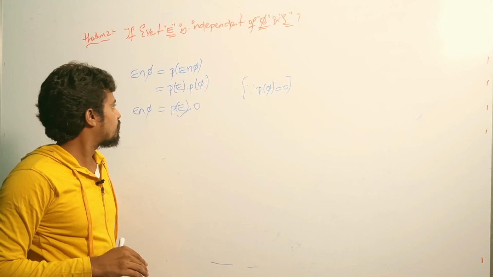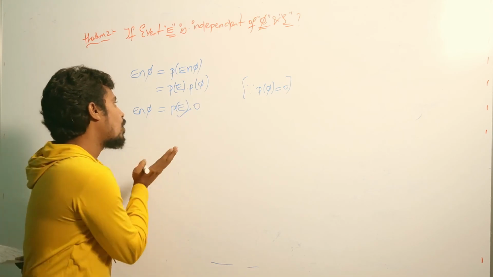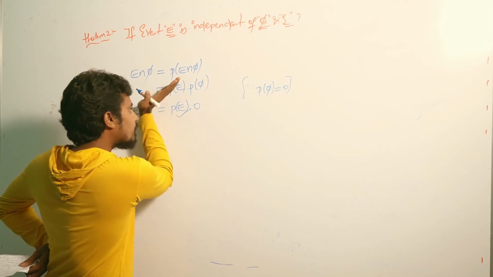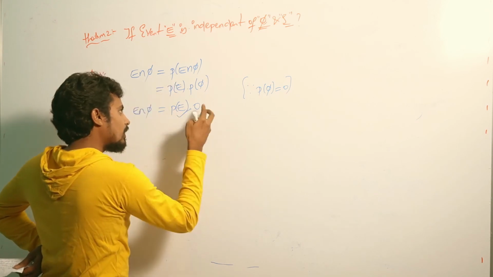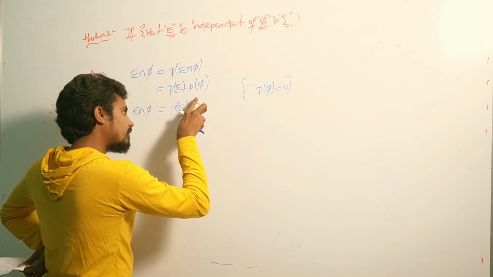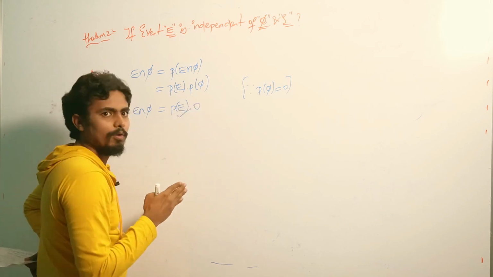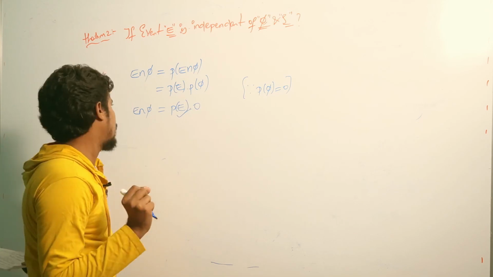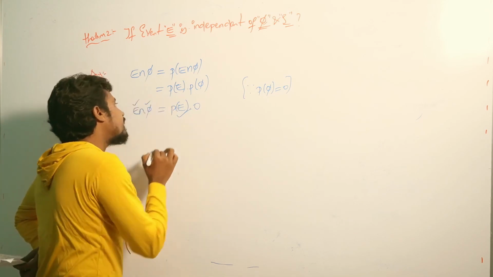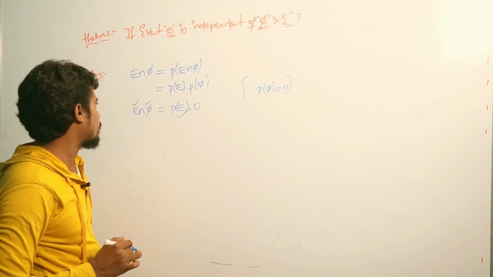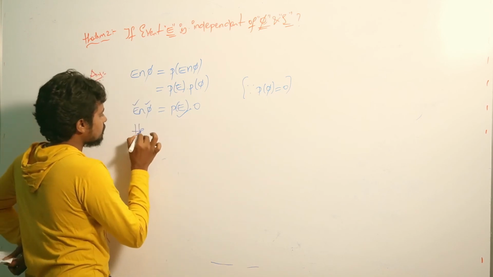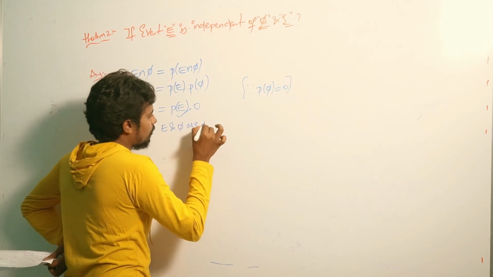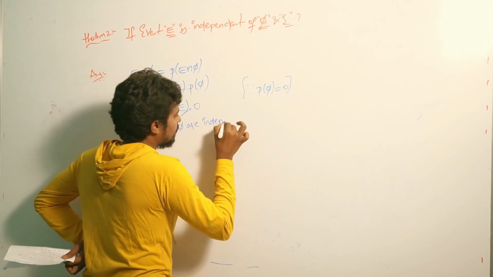Hence, P of E has n number of variables, and phi means we get 0 variables, no variables present. Hence, E and phi are independent.